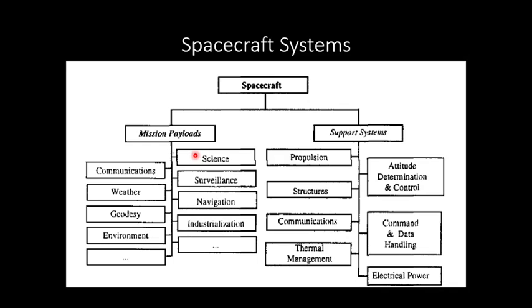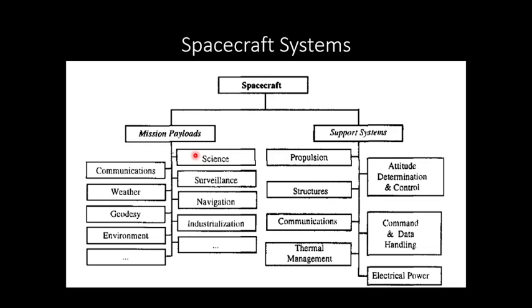So launching a spacecraft or placing the spacecraft in the orbit requires a certain set of methods, certain technologies, certain pre-calculated trajectories, a strong control system, and many other things. So the first important component in the mission payload is the intangible component which is called science.